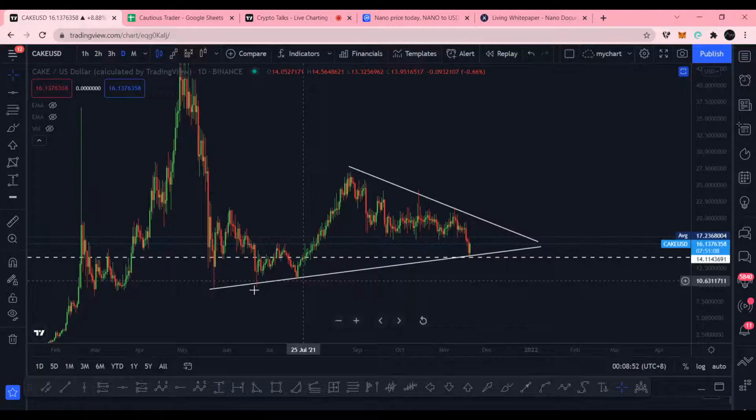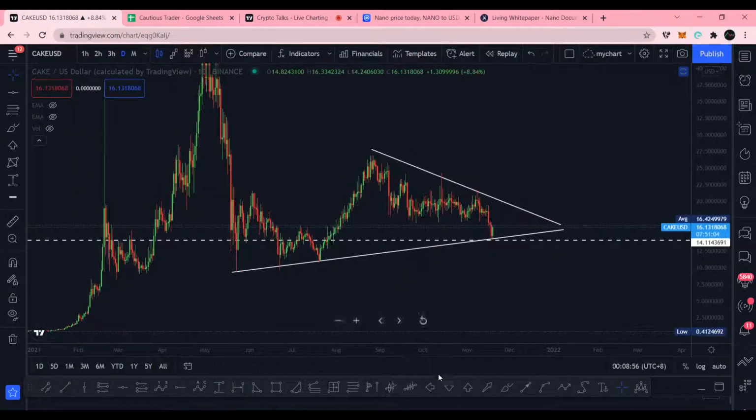How many times? 1, 2, 3, and this is the fourth time that this $14 area is retested, but it bounces. So I think this is a very good support area.